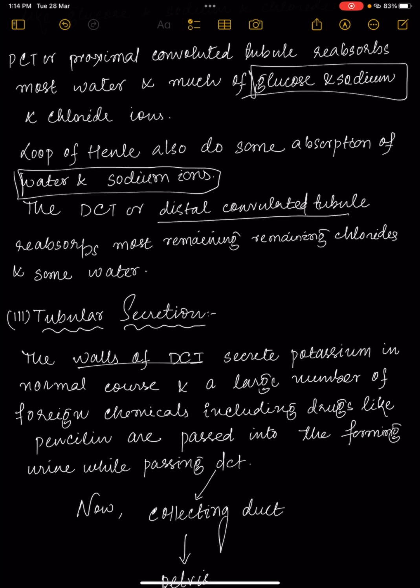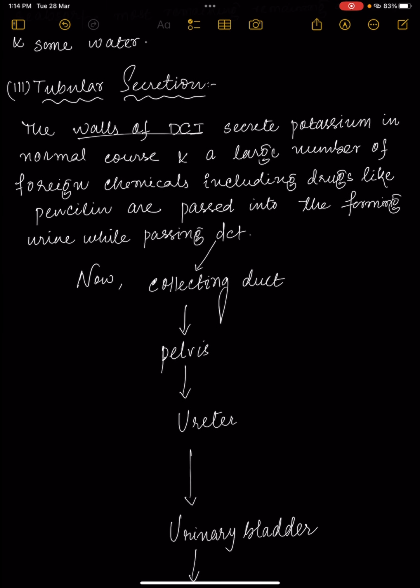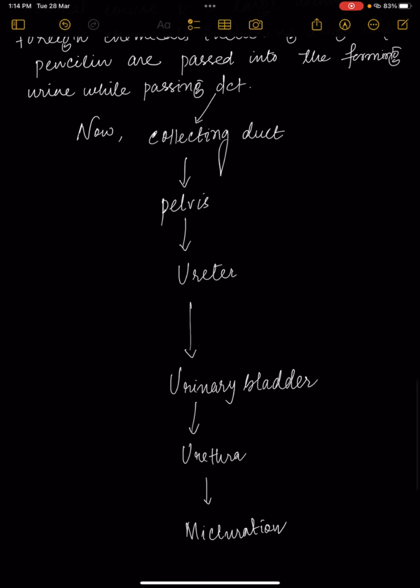The loop of Henle lies in the medulla region. It also does some absorption of the water and sodium ions. Then the DCT, distal convoluted tubule, reabsorbs most of the remaining chlorides and some water. Then tubular secretion is done by the walls of the DCT. Then the urine is passed along with some foreign products like penicillin and K plus ions, soluble and excess minerals and some unusable nitrogenous waste, into the pelvis, into the ureter, and hence through the urethra to the outside.